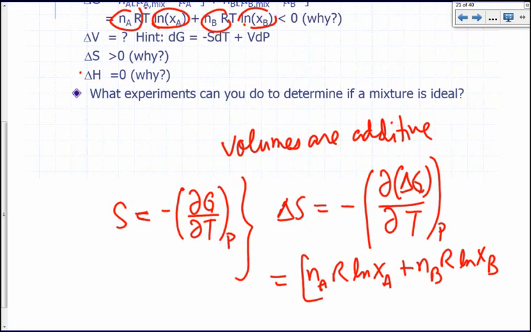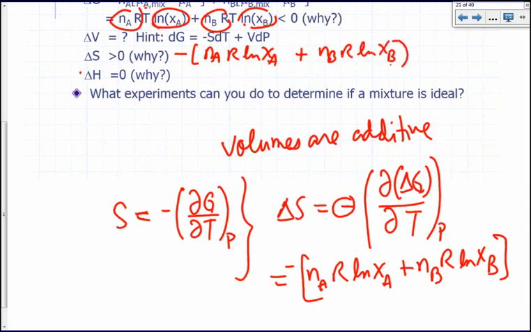Okay, but you have to put a negative in front of this. There's a negative right there. So delta S of mixing is the negative of N sub A R ln x sub A plus N sub B R ln x sub B.